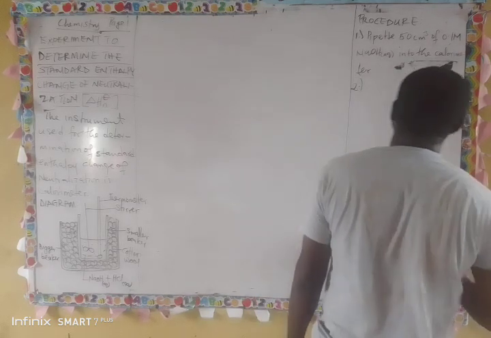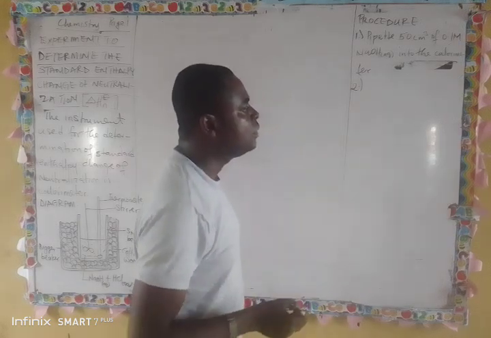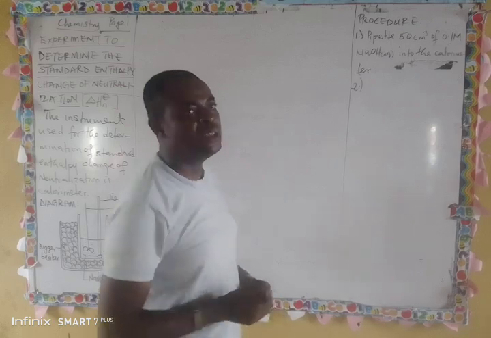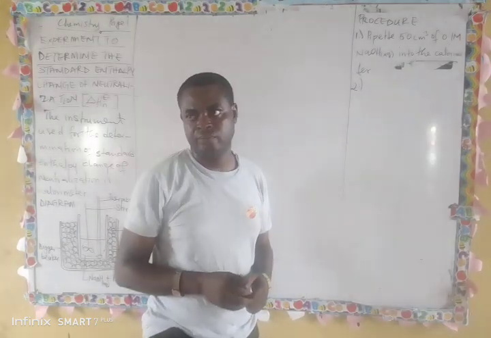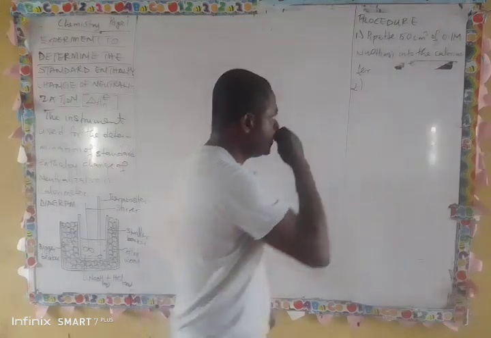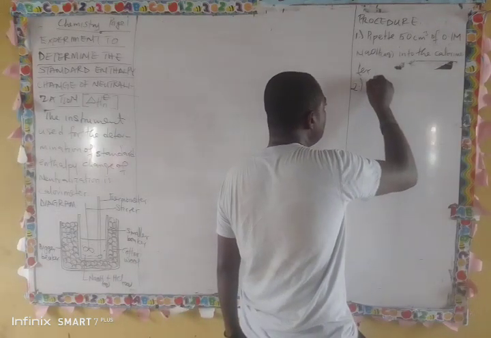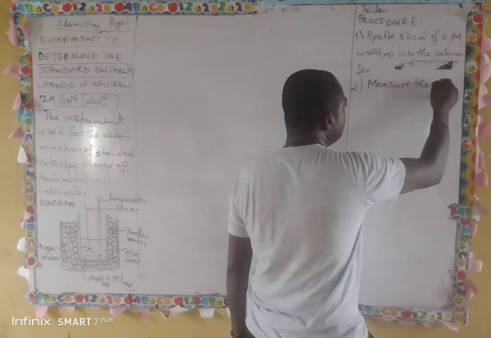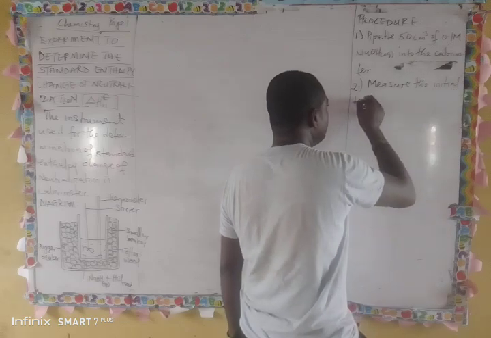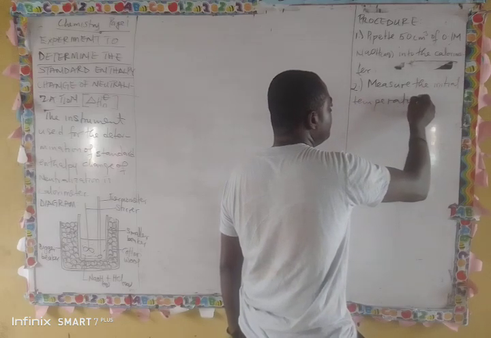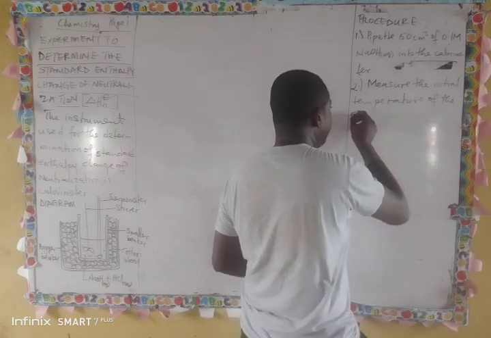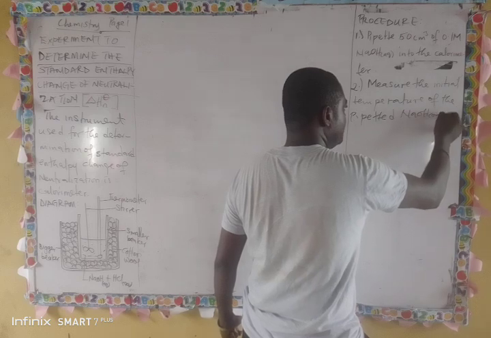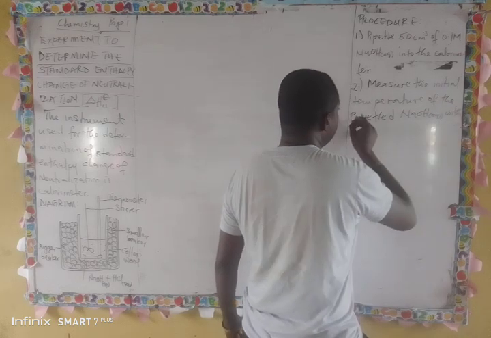Step 2. The next thing to do is that you are going to measure the initial temperature of this. Measure the initial temperature of the pipetted NaOH with the thermometer.